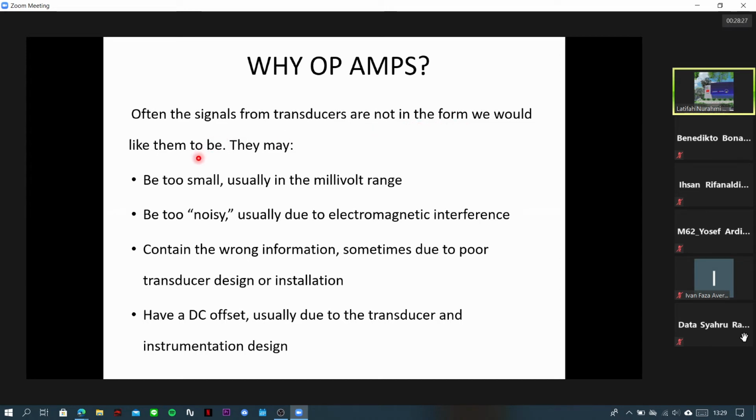The signals could be quite low. Your system captures the signals, but somehow they are quite weak, then you want to modify them. First of all, they may be too small, usually in the millivolt range. This is what I just mentioned, that your signals are too small.